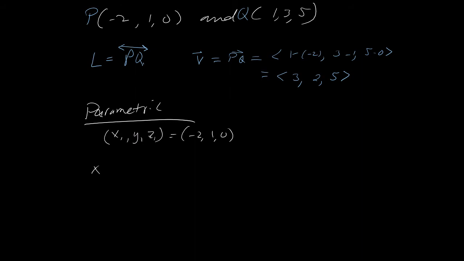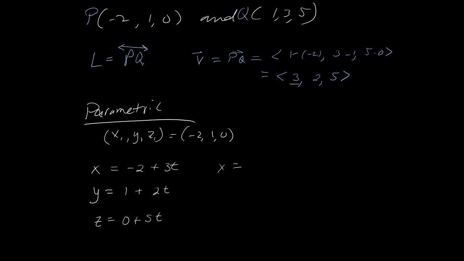So my parametric equations are x equal to negative 2 plus 3t. Just to remind you, the 3 is the direction number. We multiply that by whatever the parameter is, in this case t, and then we add that to our starting point. Y is equal to 1 plus 2t, and z is equal to 0 plus 5t.